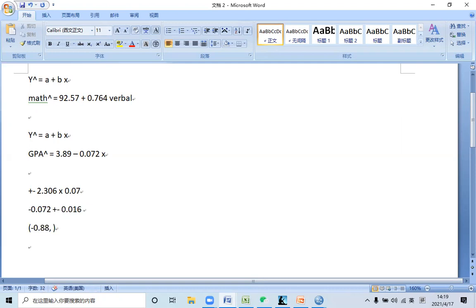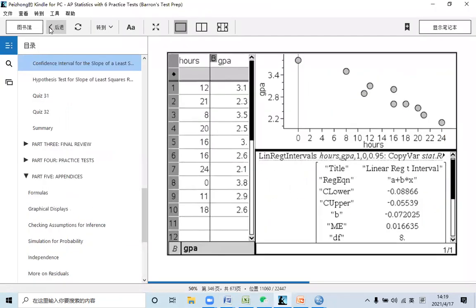The upper boundary would be negative 0.072 plus 0.016, which is negative 0.056. These would be the boundaries for the 95% interval.